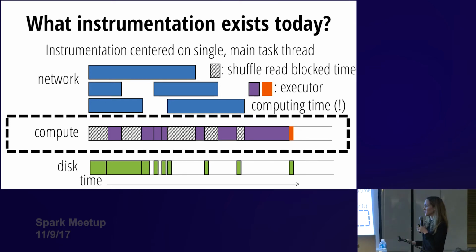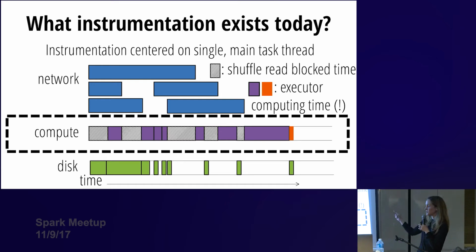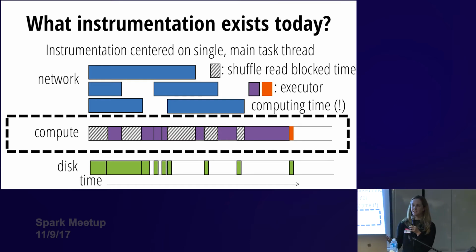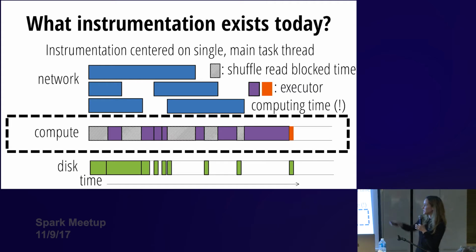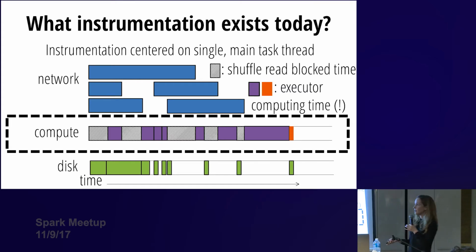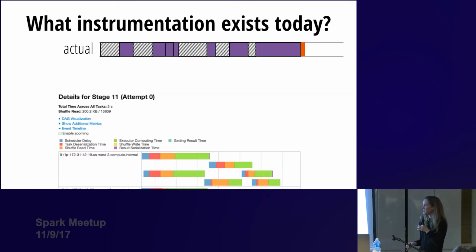So this is another gotcha to know as you're looking at the metrics: this executor computing time is basically the leftovers. It's the things that we couldn't account for, but it's not necessarily just time using the CPU. But this shuffle read block time can be important for diagnosing when it's taking a long time to read the shuffle data. So this is what things look like now.